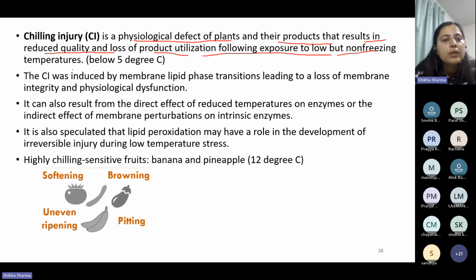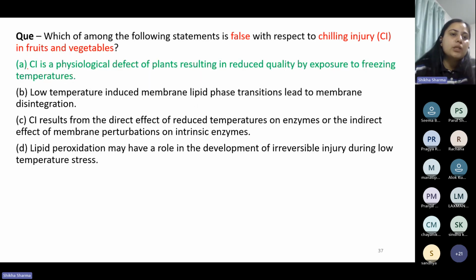So there will be a temperature which is non-freezing. It may be less than 10, it depends, it varies on different fruit types. For some fruits it can be around 10, and for some it can be less than 5. If we decrease the temperature, chilling injury may occur.